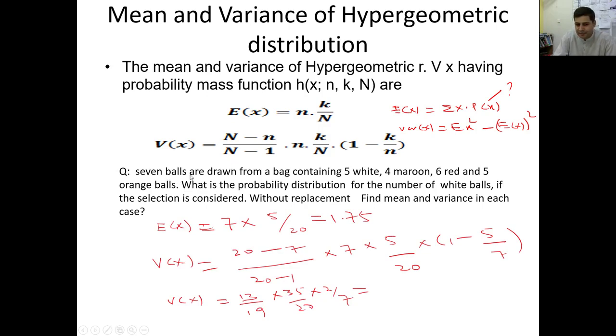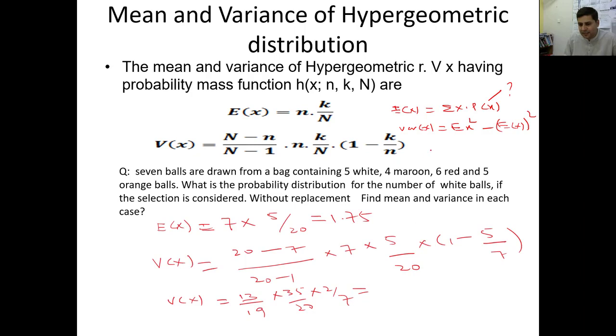For example, in the previous slides we have already solved this: 7 balls are drawn from a bag containing 5 white, 4 maroon, 6 red and 5 orange balls. What is the probability distribution for the number of white balls, if the selection is considered without replacement? Find the mean. The selection is without replacement, so it is a hypergeometric distribution.